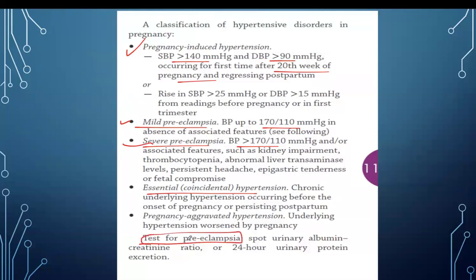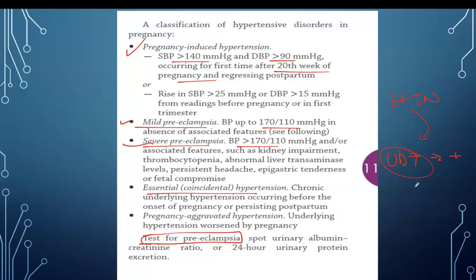Now, let's say you have a patient who is more than 20 weeks pregnant, and you find the patient is having hypertension. You want to know if the patient is losing protein in her urine, because you want to rule out preeclampsia. What test would you do? You'll need to do some urine test to confirm the proteinuria, right? The first test you would do is urine dipstick, and the dipstick can say that yes, the patient is losing some protein, so 1 plus, 2 plus, 3 plus, but it is not confirmatory.